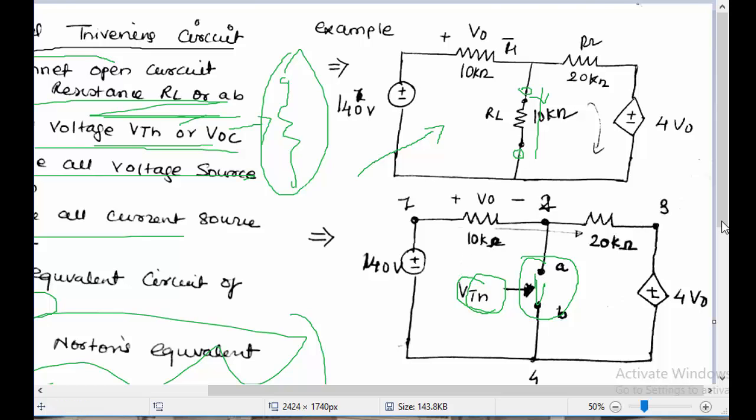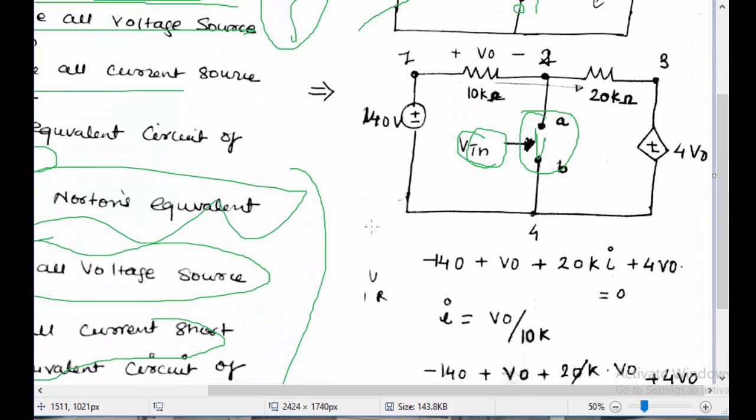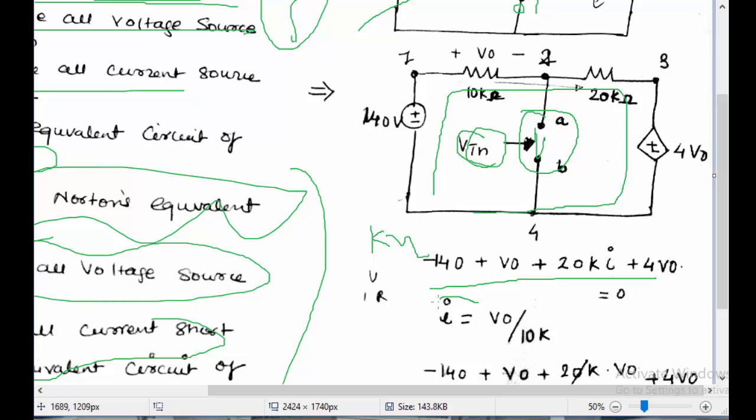So you will further simplify the circuit and apply the KVL. This is a closed path now, so current will not flow through here, it will flow through here. There is only one path, so you apply the KVL to this path, and you have I as V naught divided by 10k.